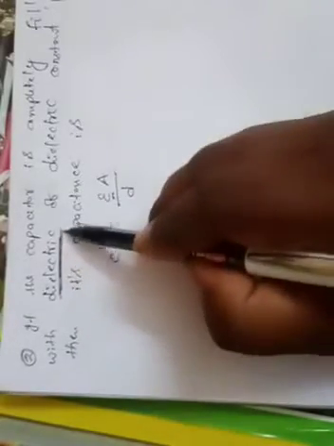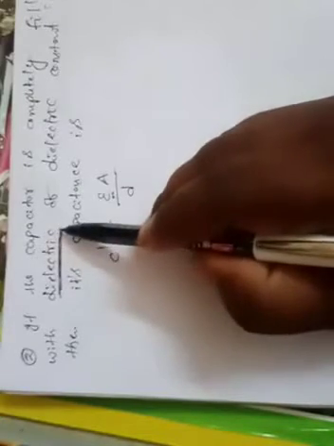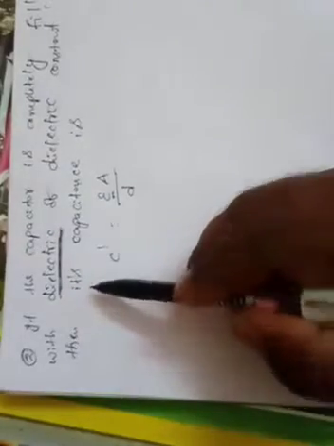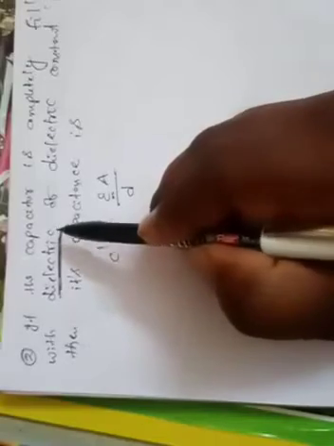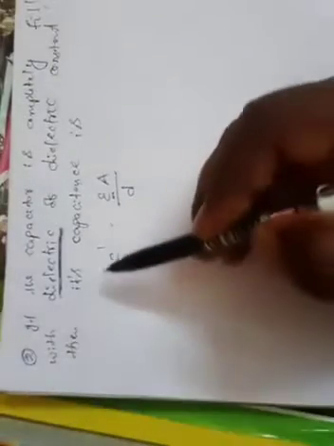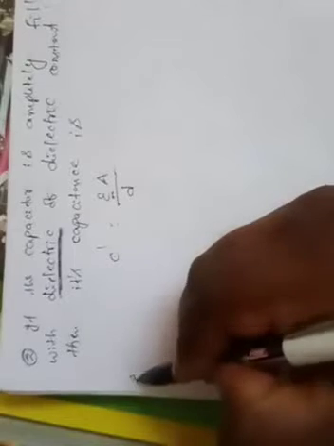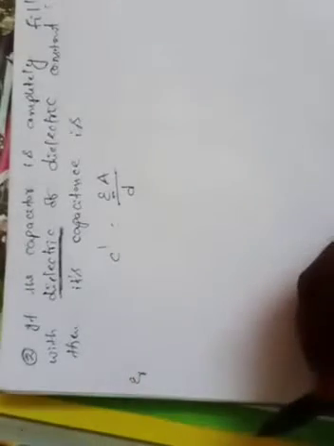Here we also use a new word, dielectric. Dielectric is nothing but an insulating medium other than air, vacuum or free space. So dielectric means an insulating medium, remember. For the relative permittivity of the medium, we have used the symbol epsilon r.